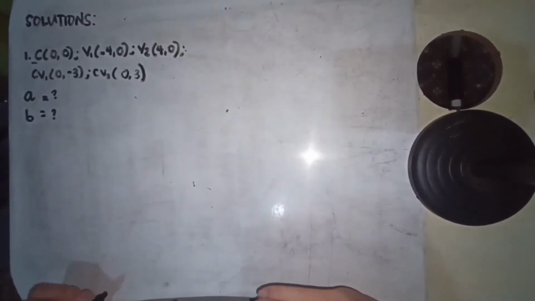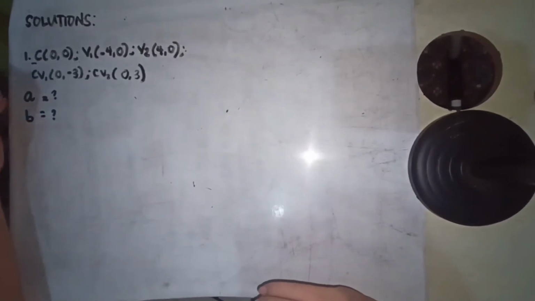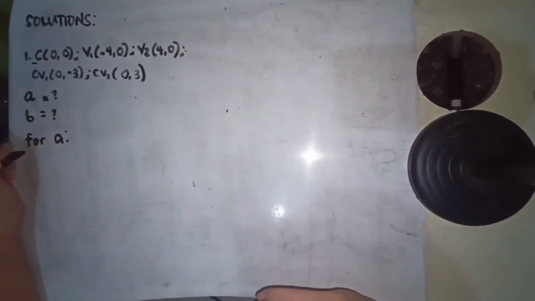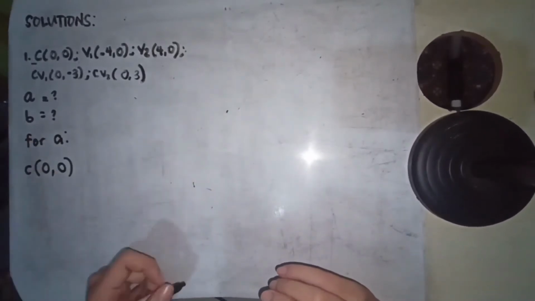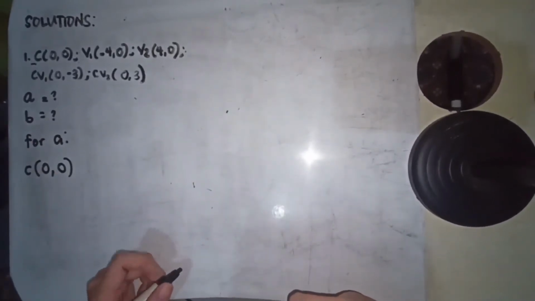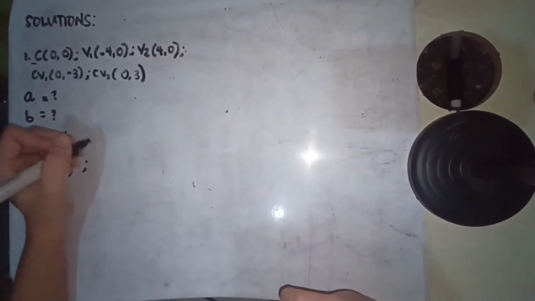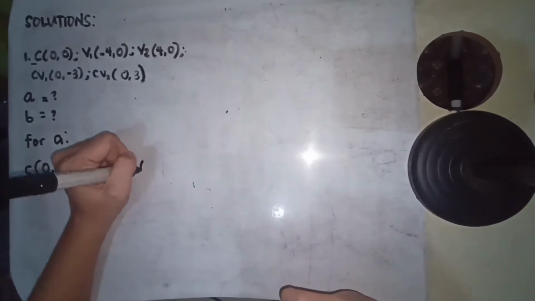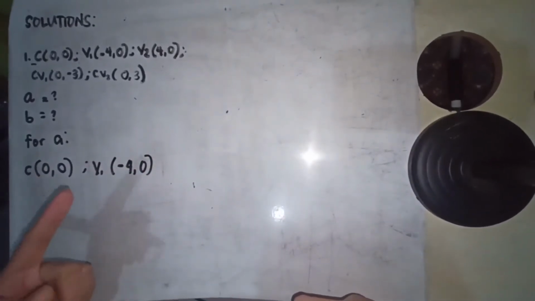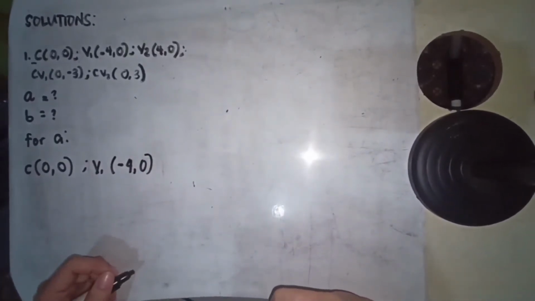So for our distance A, again, all we need is the center, which is (0, 0), and one vertex. We just choose which vertex. Say, for example, we use vertex 1, which is (-4, 0). This is just a technique so we don't need the distance formula.